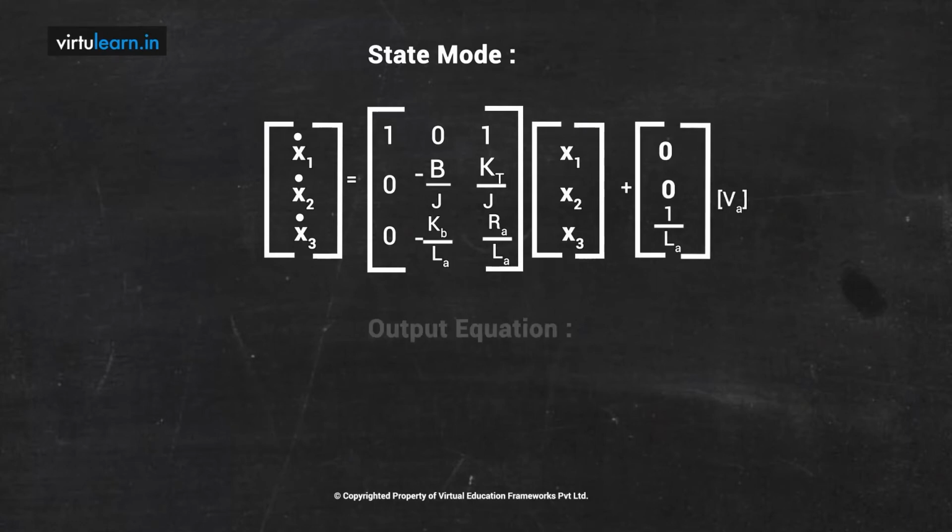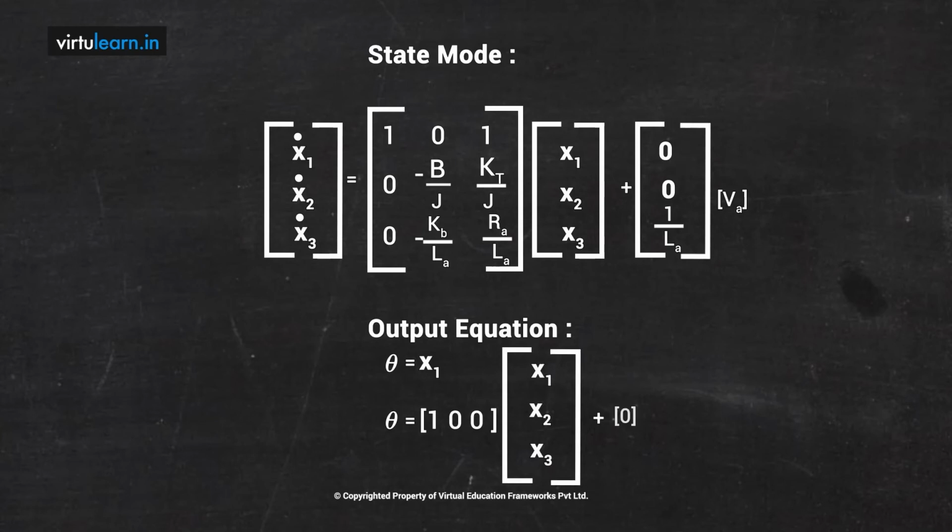The output is the angular displacement theta, and since theta is x1, the state variable, we can write theta is equal to 1, 0, 0 times x1, x2, x3 plus 0 into Va. So this is the C matrix, this is the D matrix, and together with the A and B matrices we have the A, B, C, D matrices, which give the state model of the armature control DC motor.